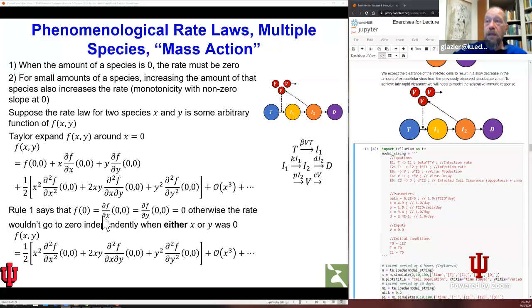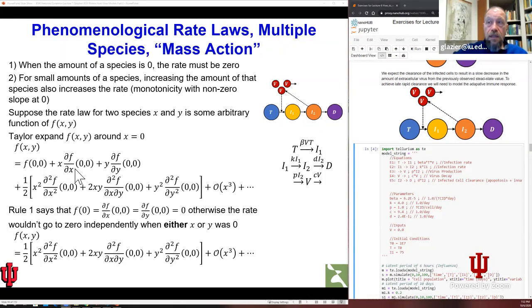I've got to fix that. f of 0, 0 has to be 0. What this should say is that df dx has to be positive, df dy has to be positive. I'm sorry. So I'm still wrong. I'm getting tired. I apologize. This is correct. Rule 1 says that if either species is 0, the rate has to be 0. That means f of 0, 0 has to be 0.